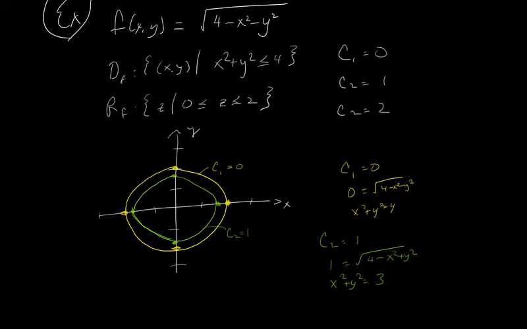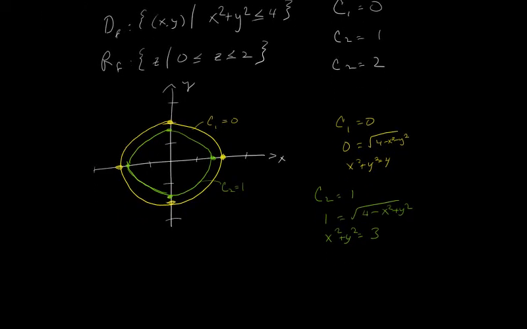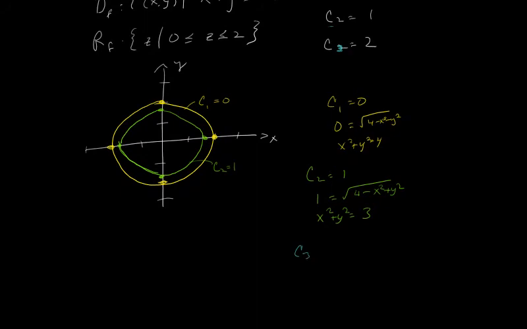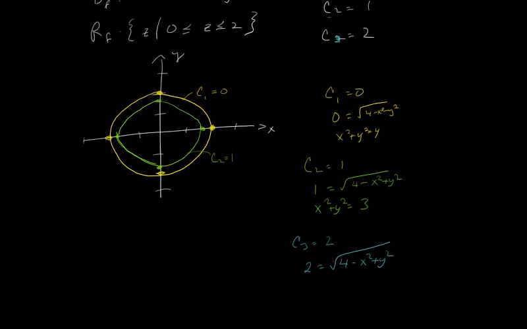Okay, so let's get another color and do our last one, C3. Check it out up here, I wrote C2 twice. I've got C1, C2, and this should be C3. This is our third c. That's all that index means, we're just counting. All right, so I've got C3 equal to 2, which means 2 is equal to the square root of 4 minus x squared minus y squared. Square both sides and solve.